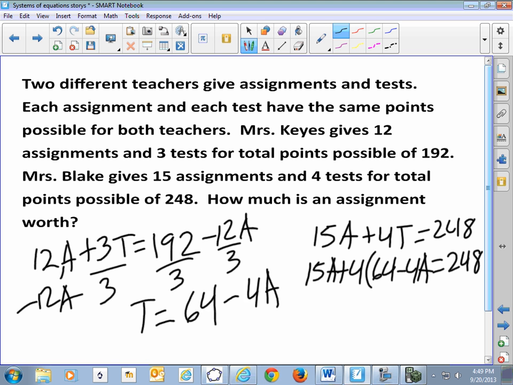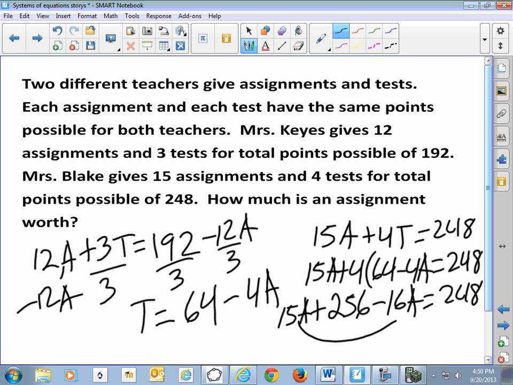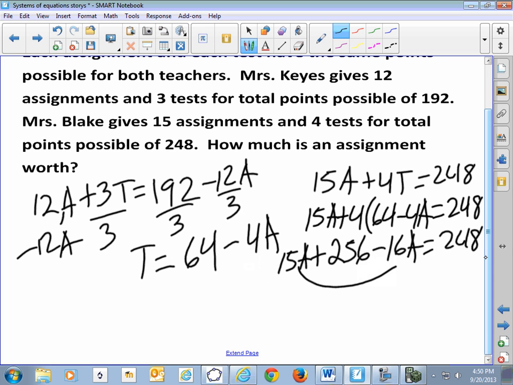So 15A plus 4 times 64 is 256. 4 times 4 is 16. 256 minus 16A equals 248. Combining like terms. 15 minus 16 is -1, so -1A, or just -A, plus 256 equals 248.